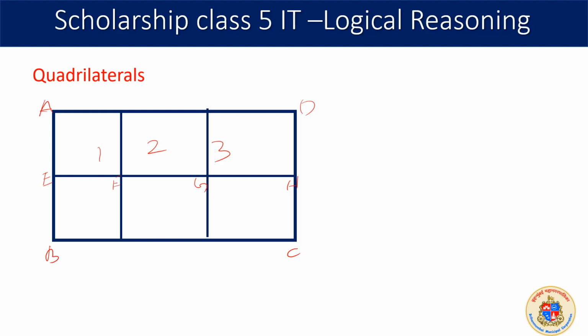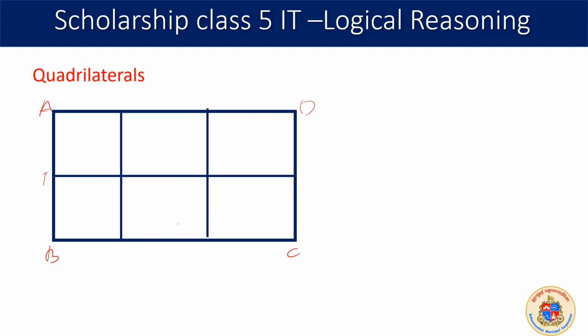ABCD is there, then each small square or rectangle is there, then 2 together make another set, these 2 together make another set, these 2 make another set. So it becomes very tough for us to remember and find out how many quadrilaterals are there. Here also we have developed a formula to find out how many quadrilaterals are there in this kind of figure.